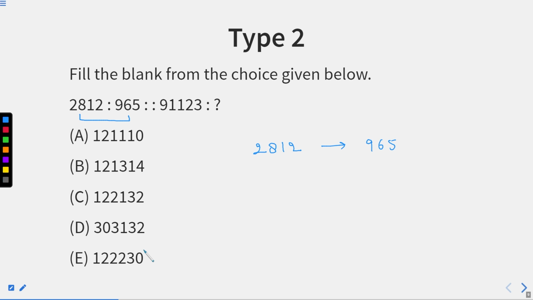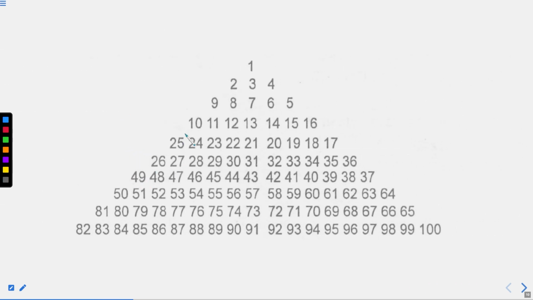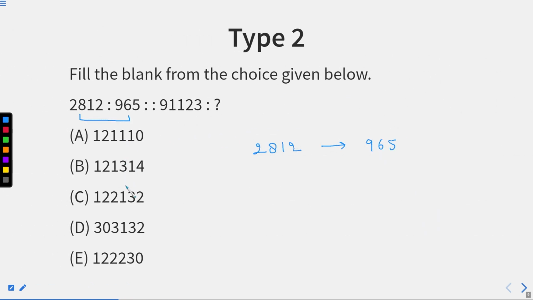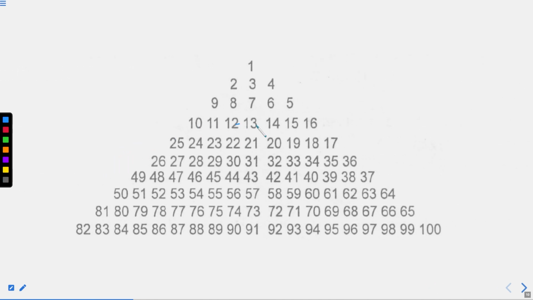No, 10, 15, 16 is not an answer here. So what we will do is check whether we have 12 or not. We can say here itself we have 12. After 12, which number will appear? 13.